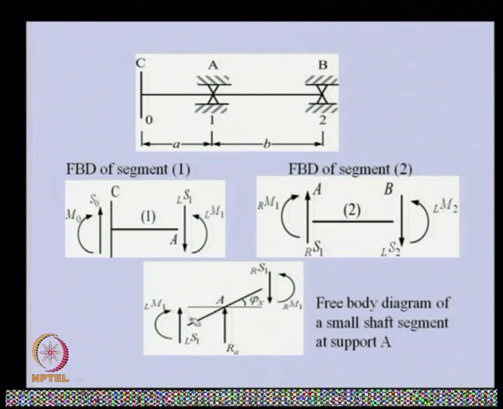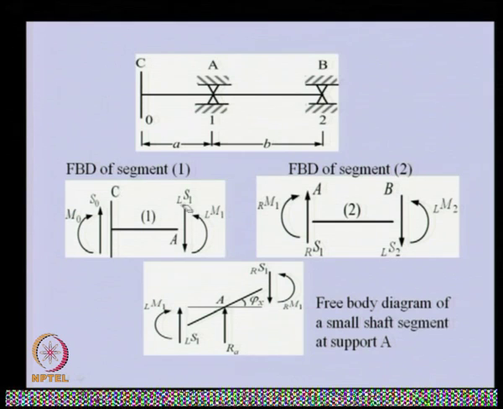So this is the small shaft segment, and this is the support. This side we cut the shaft and drew the free body diagram of the shaft segment 1. Similarly, we cut the shaft here and drew this. So obviously, whatever shear force and bending moment is acting here will be acting here, but its direction will be opposite.